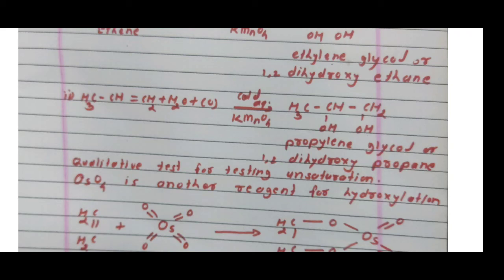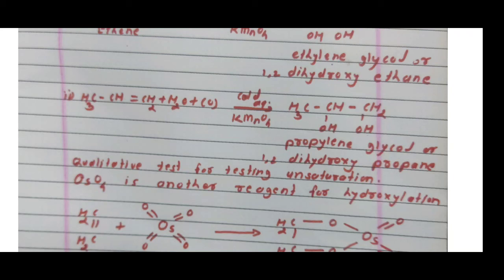Means ethene undergoes hydroxylation in presence of cold aqueous KMnO4, formation of ethylene glycol or 1,2-dihydroxy ethane. Then propene in presence of cold aqueous KMnO4, formation of propylene glycol or 1,2-dihydroxy propane.